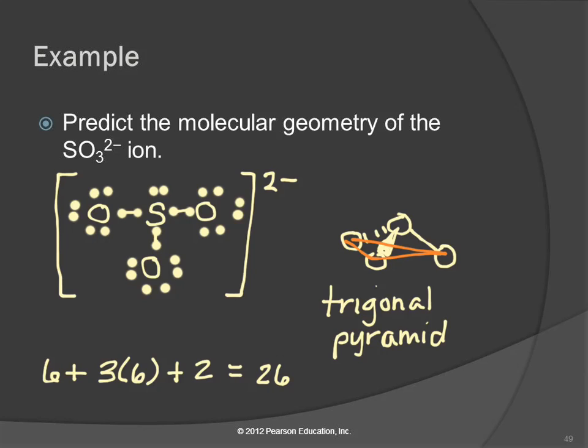The electron geometry is tetrahedral, because we're looking at where the lone pairs are. It's a little bit confusing because you say, well, without the lone pair. Well, it's not without the lone pair. It's still there. It's just that we can't see it. And so we're looking at this shape.